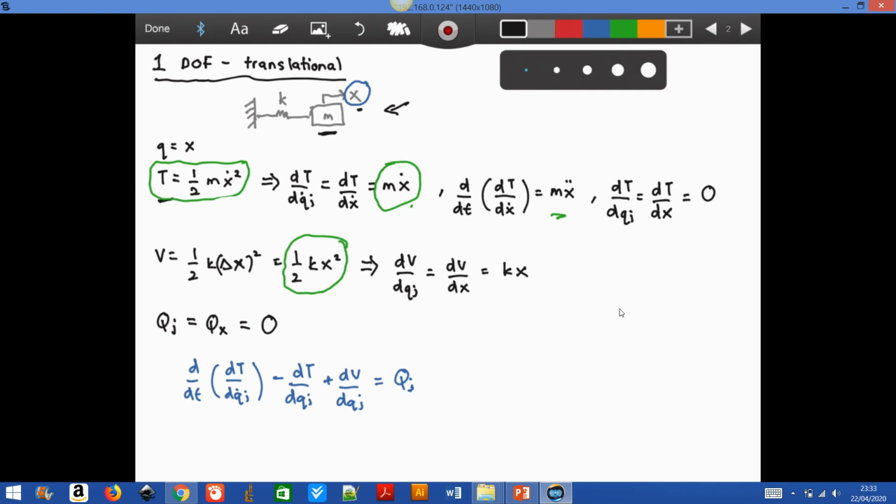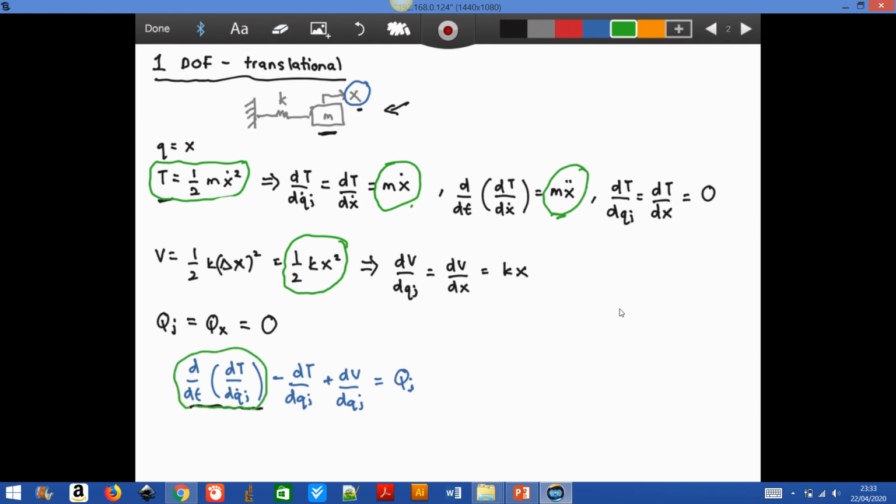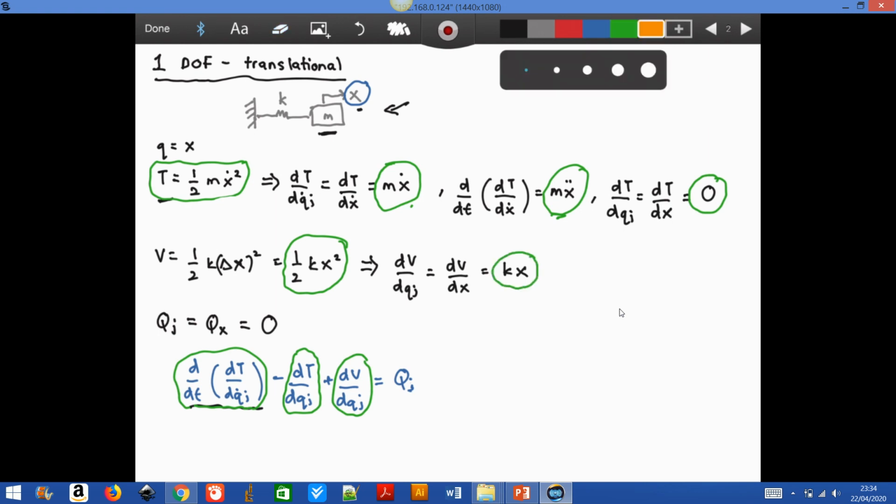From all of the info that we got, d over dt of dT over dq dot j is this one, dT over dqj is this one, dV over dqj is this one. Maybe I should change color in order for you to see it easily.